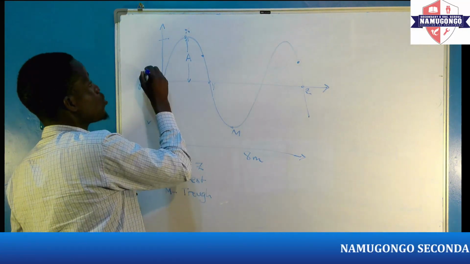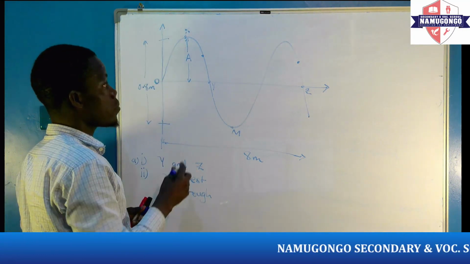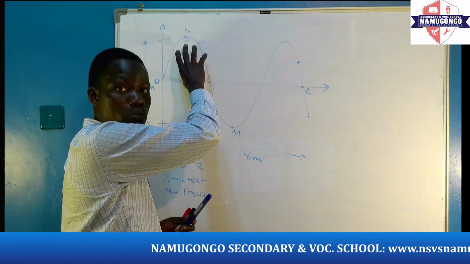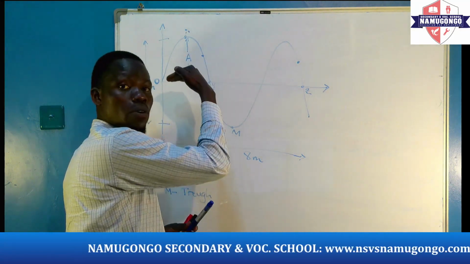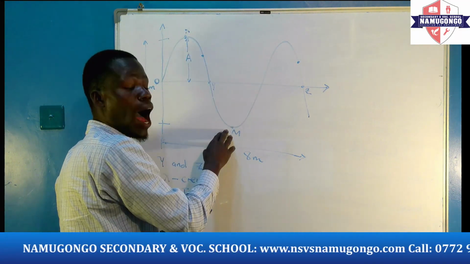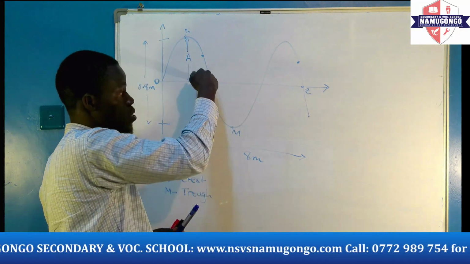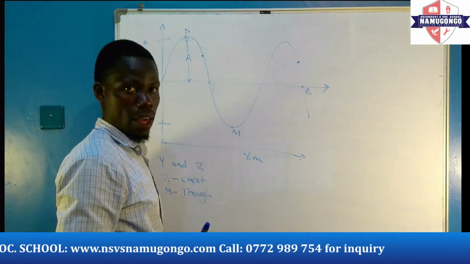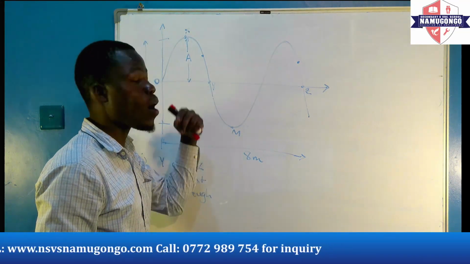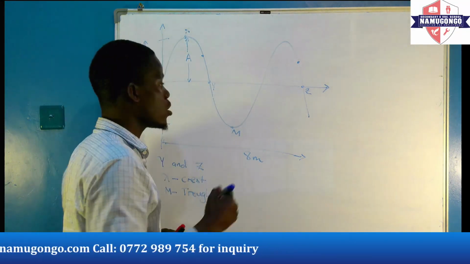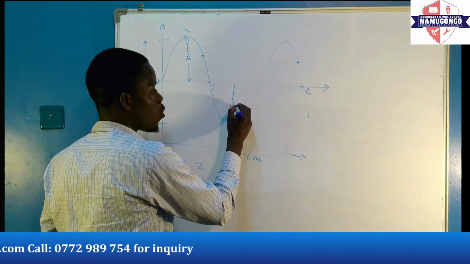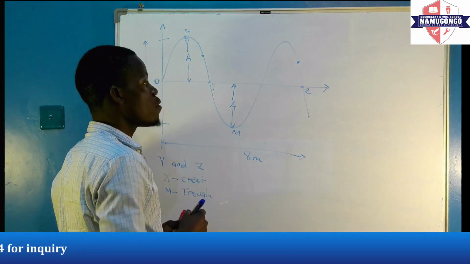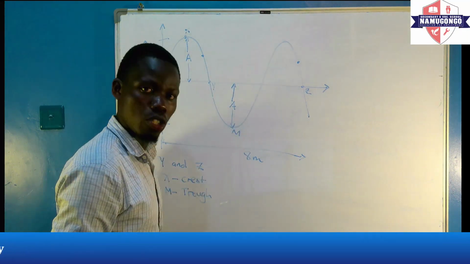This wave vibrates from the rest position to X, and it can also vibrate from the rest position to M. But we only need A, that is what I'm denoting. Our A is the amplitude, so you can get it either from above the rest position or from below the rest position.